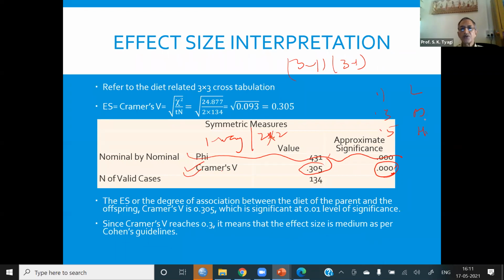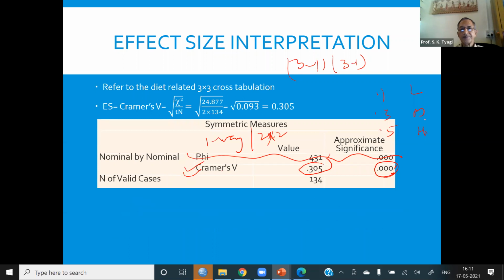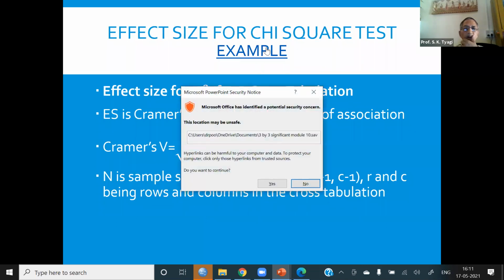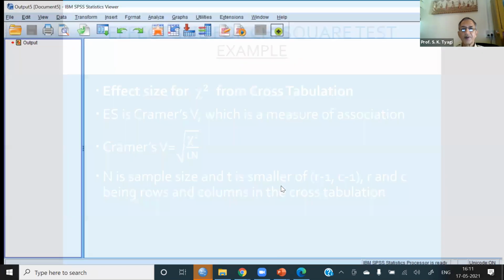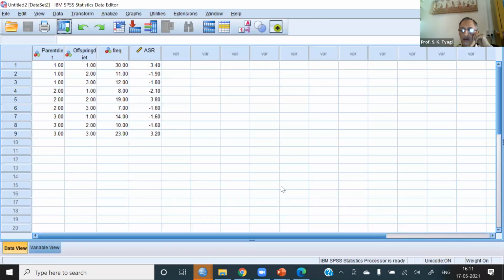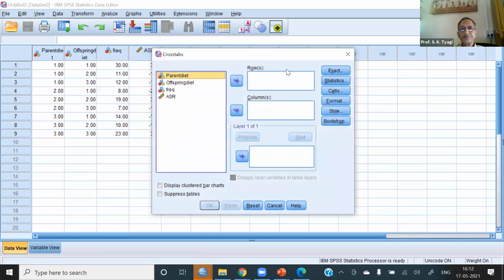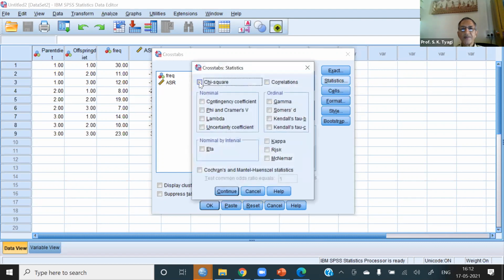Now I come to how to calculate this using SPSS. In this particular example, I think it is the same example. So analyze, descriptive, cross tabulation. Parent's diet, offspring's diet, and statistics, chi-square.